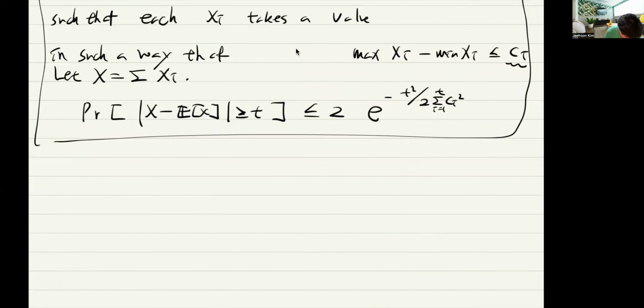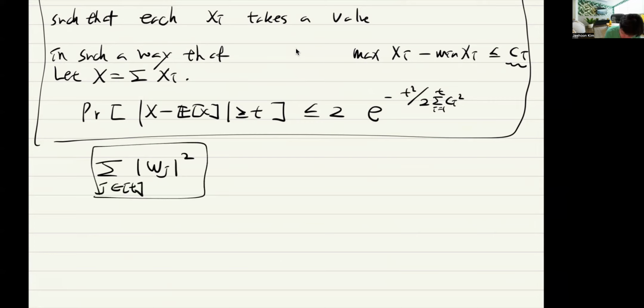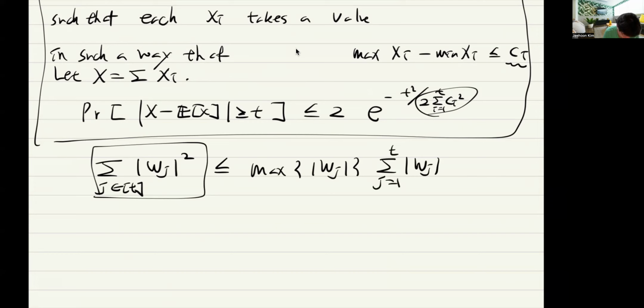So this number plays the role of the summation of c_i squared. But we know that this is at most eta n squared, so this is at most eta n, and this is at most n.